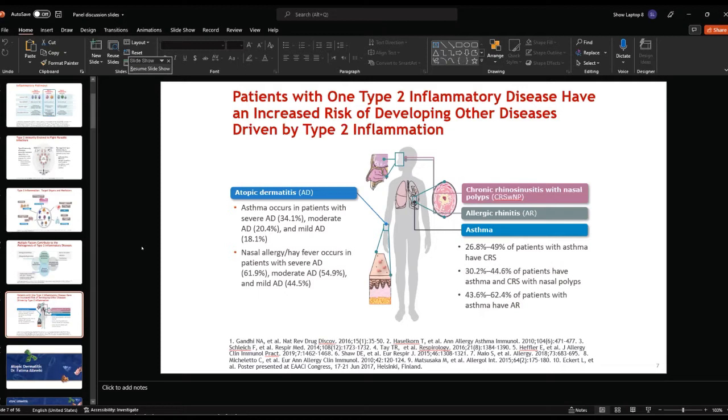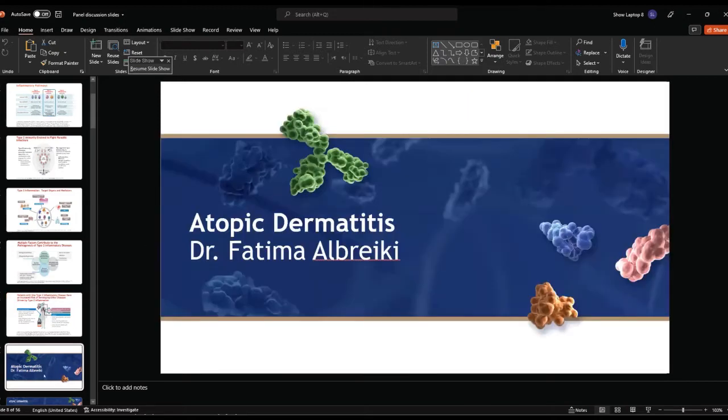She has a fellowship in pediatric dermatology from South Africa. Her great interest is in inflammatory conditions, especially psoriasis and atopic dermatitis. She's actively involved in many local and regional conferences and events as a speaker, and also in international research and in teaching. Dr. Fatima Al-Breki, a pleasure having you with us. Please, the floor is yours.